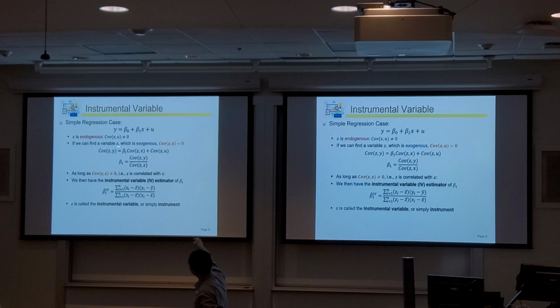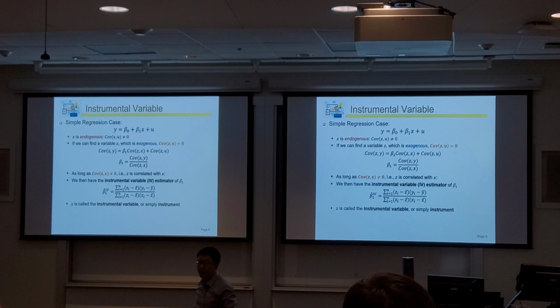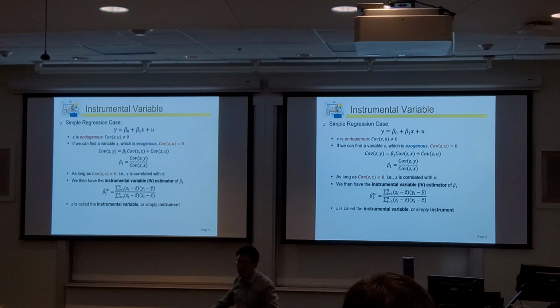So then the covariance between z and y can be written as this. Y is equal to this one. So then we substitute this into here. Then the covariance between z and y is equal to, you see, we can do the simple expansion, right? It will be beta times the covariance between z and x, plus the covariance between z and u. So then as a result, the beta 1 can be rewritten as this. The ratio of the covariance between z and y divided by the covariance between z and x.